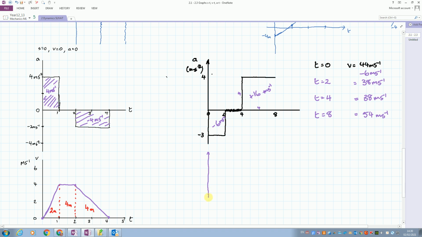If I do a squashed axis at one, so it's not the full graph, I wouldn't use this to calculate the displacement. And again, 2, 4, 8. We start at a speed of 44. At the end of 2 seconds, we're at 38.